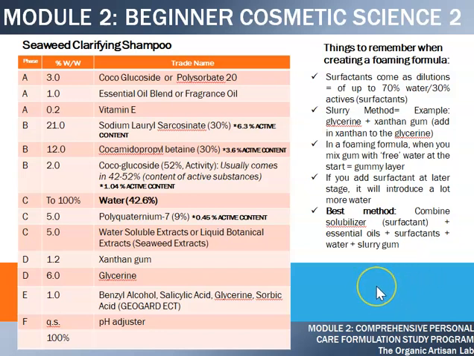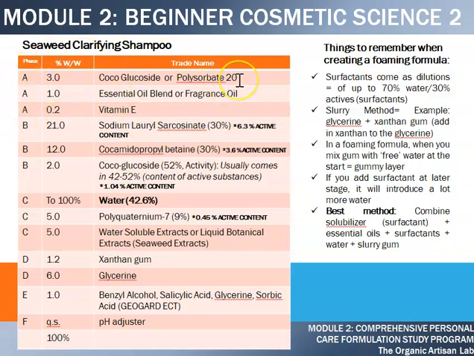Best method, again, is to combine solubilizers, which at the start we will combine as part of our surfactant together with all. That's why if you notice they're all on phase A there.